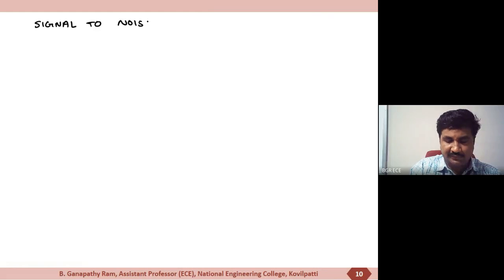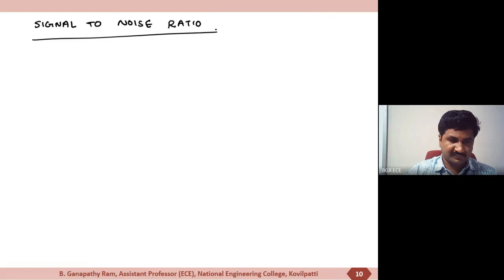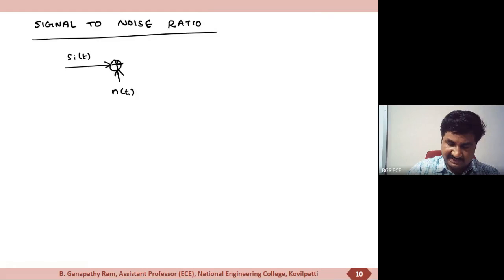Let us discuss the signal to noise ratio of the correlator receiver. Assume Si of t is transmitted by the transmitter, which is corrupted by the additive white Gaussian noise N of t and allowed through the correlator filter.